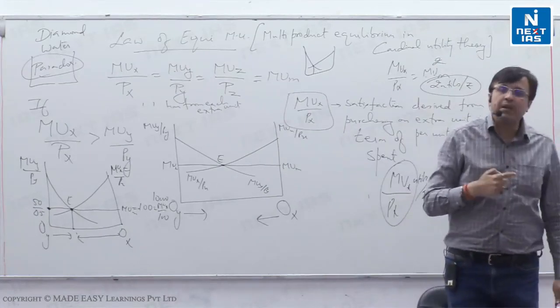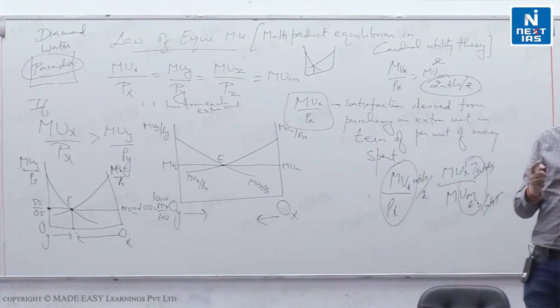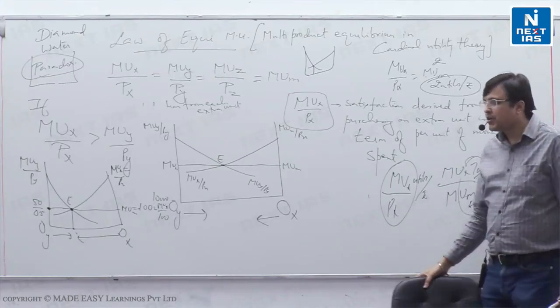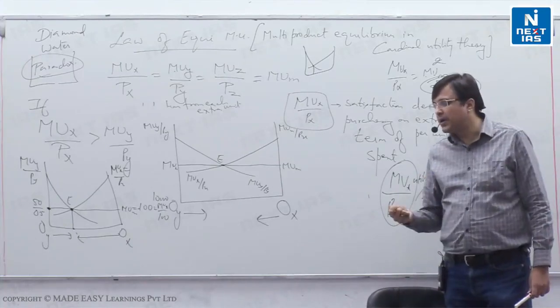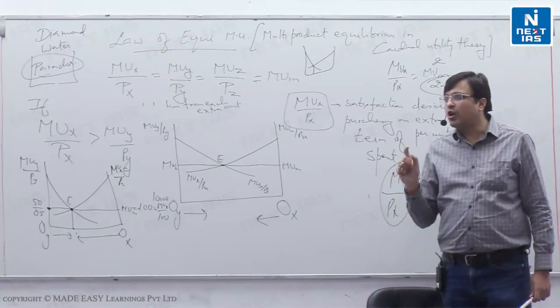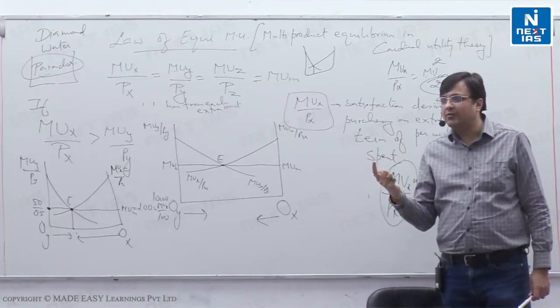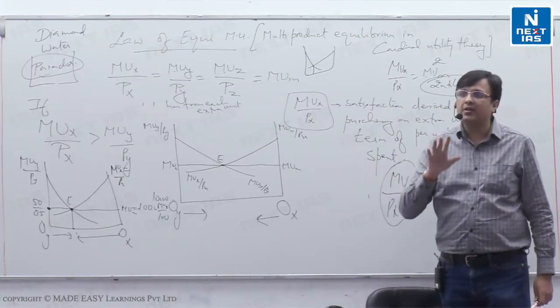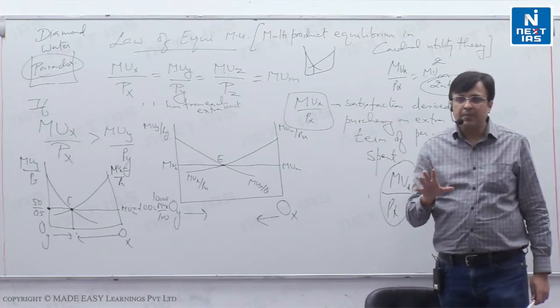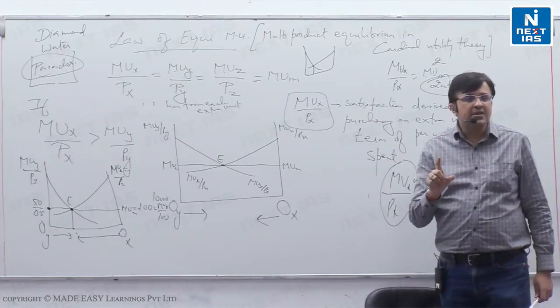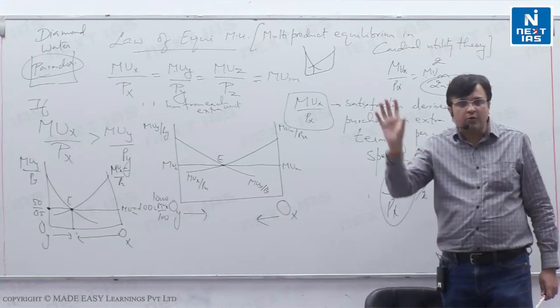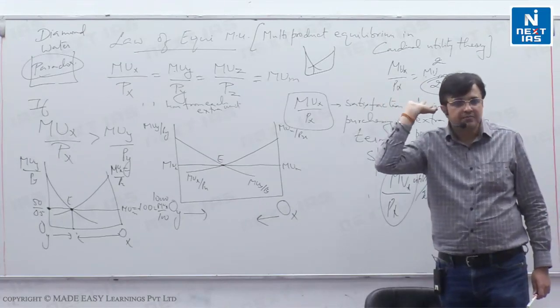So Marshall explained it by saying that this paradox arises because people are willing to pay on the basis of not the total utility that they derive, but the marginal utility that they derive. Total utility of water is still higher than diamond.